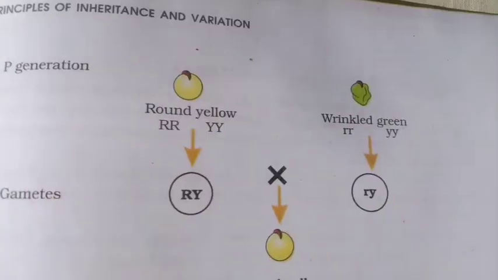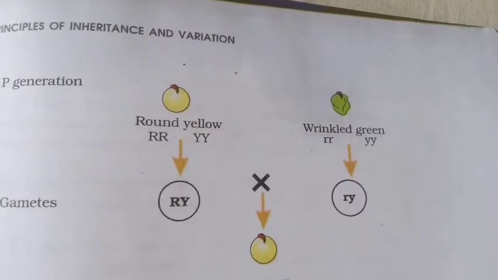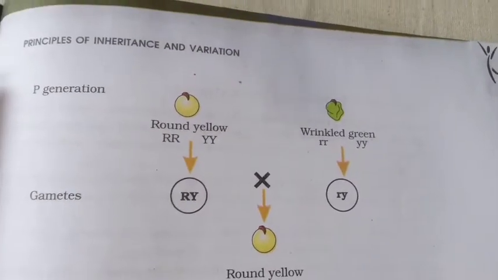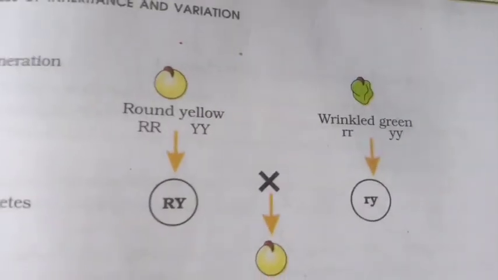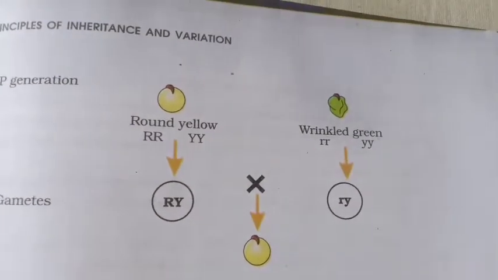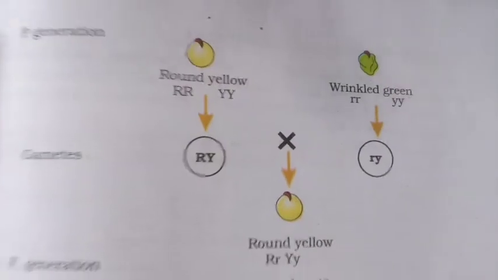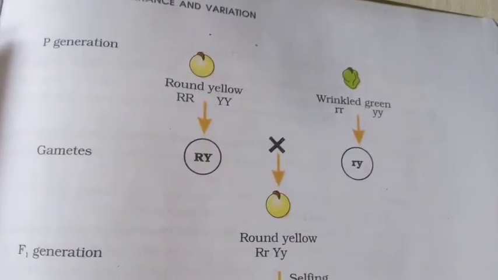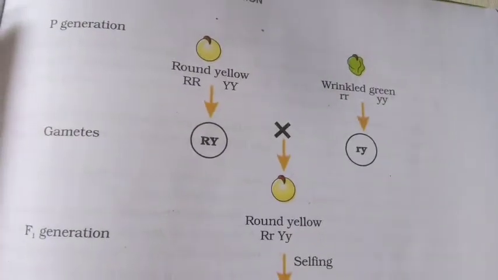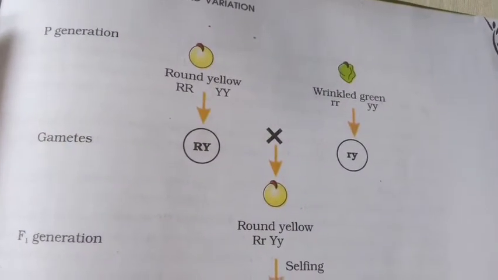Obviously, the round shape was dominant over the wrinkled shape of the seed, and the yellow color was dominant over the green colored seed. In the gametes we have only one out of the two allelic pair.